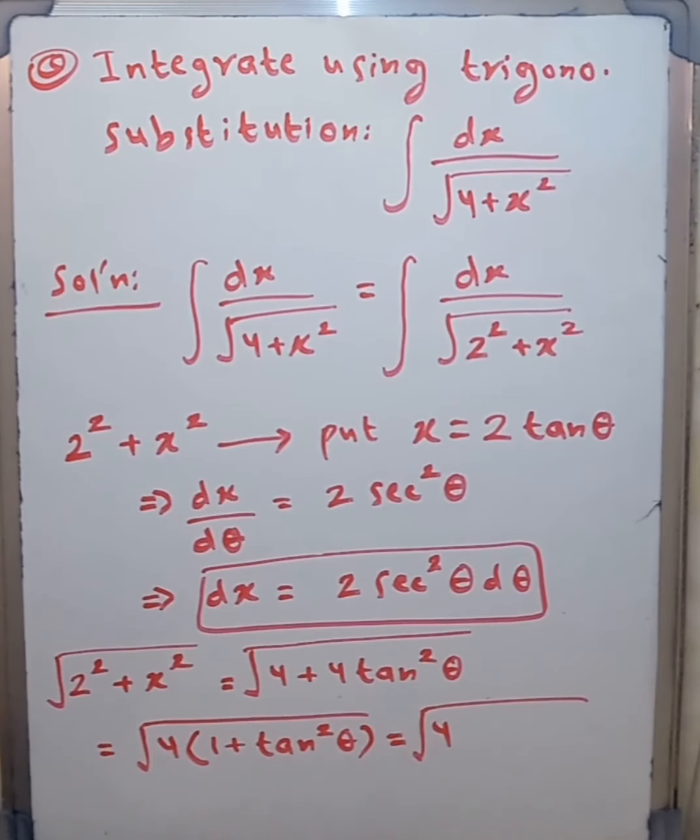We know that 1 plus tan square theta is equal to secant square theta, and hence after taking the square root we get 2 secant theta.